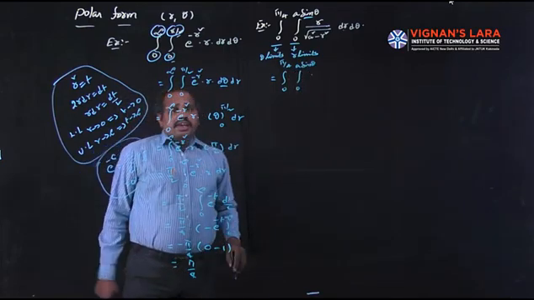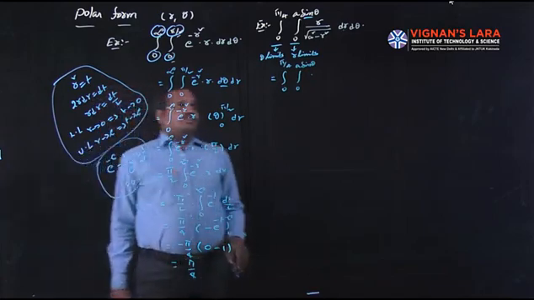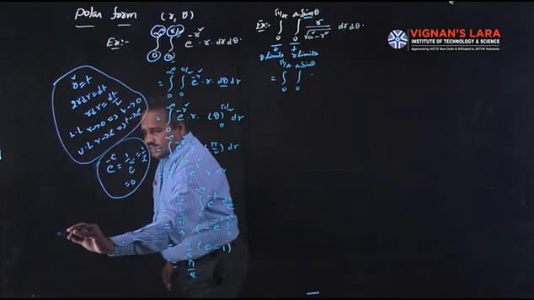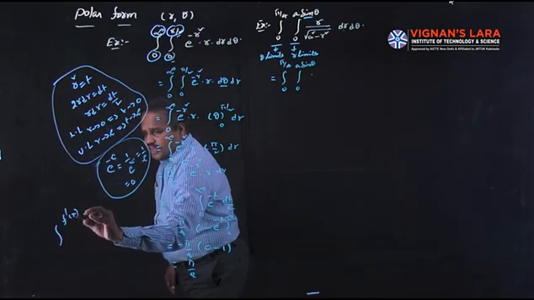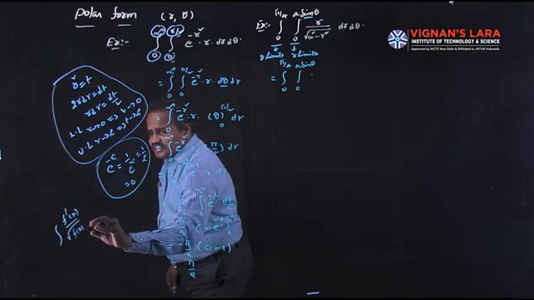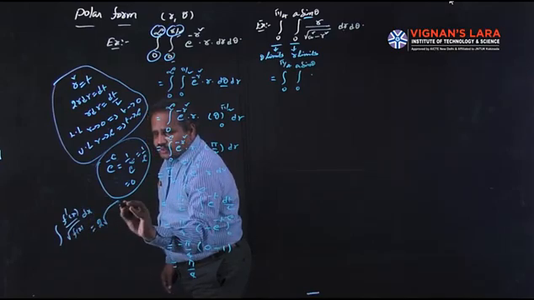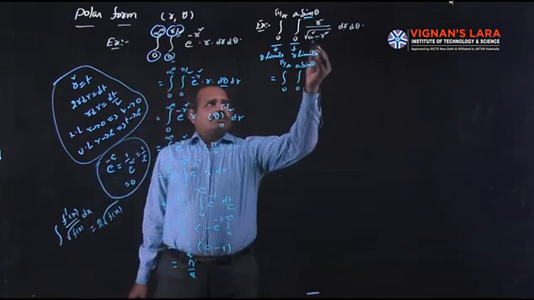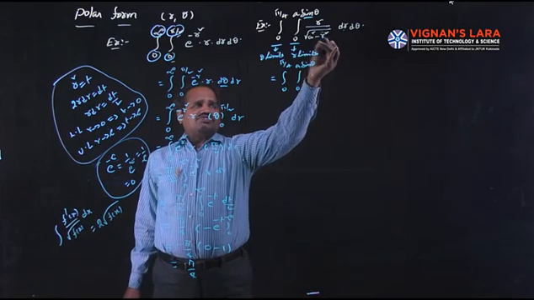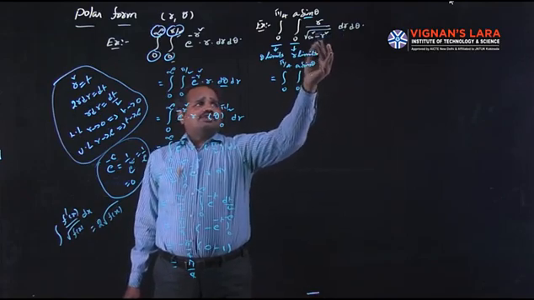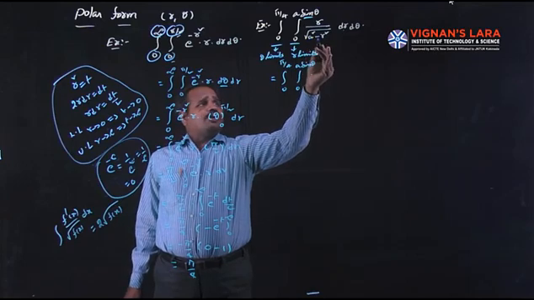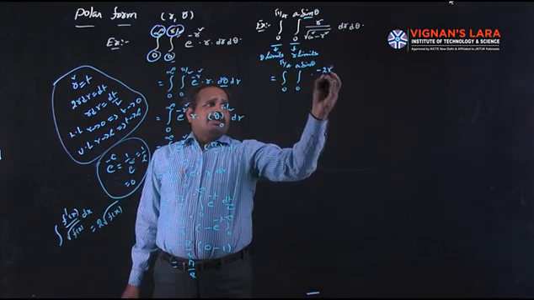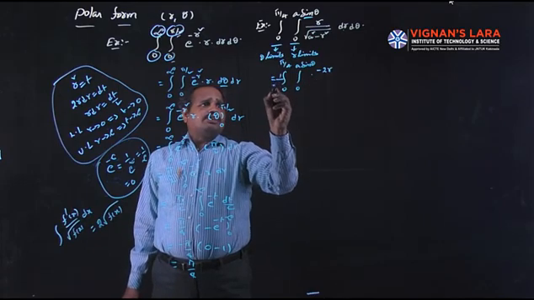Now see this. Here we have a formula. Remember this: integral f dash x by square root of f of x dx is equal to 2 root f of x. So this formula we are using here. Taking this as a function in r, what is the derivative? A square gives 0, r square derivative is 2r, so minus 2r. But in the numerator we have only r, so multiply with minus 2 and divide with minus 2.